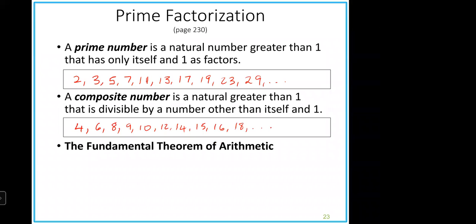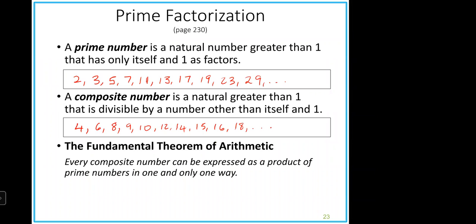Okay, so now they have what they call the fundamental theorem of arithmetic. Every composite number can be expressed as a product of prime numbers in one and only one way.